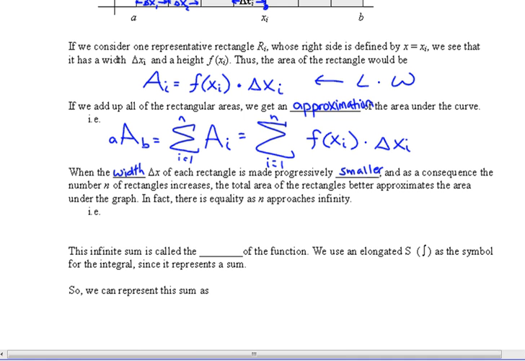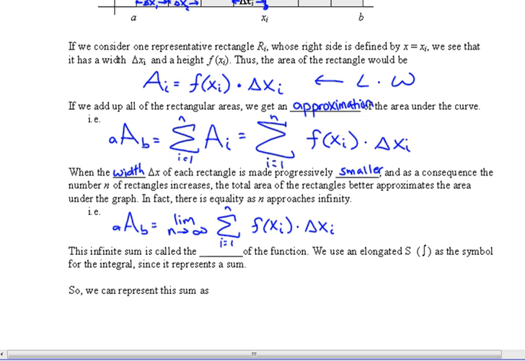So the area from A to B would then be equal to the limit as n approaches infinity, so the number of rectangles approaches infinity, of the sum from i equals 1 to n of f of xi times delta xi.